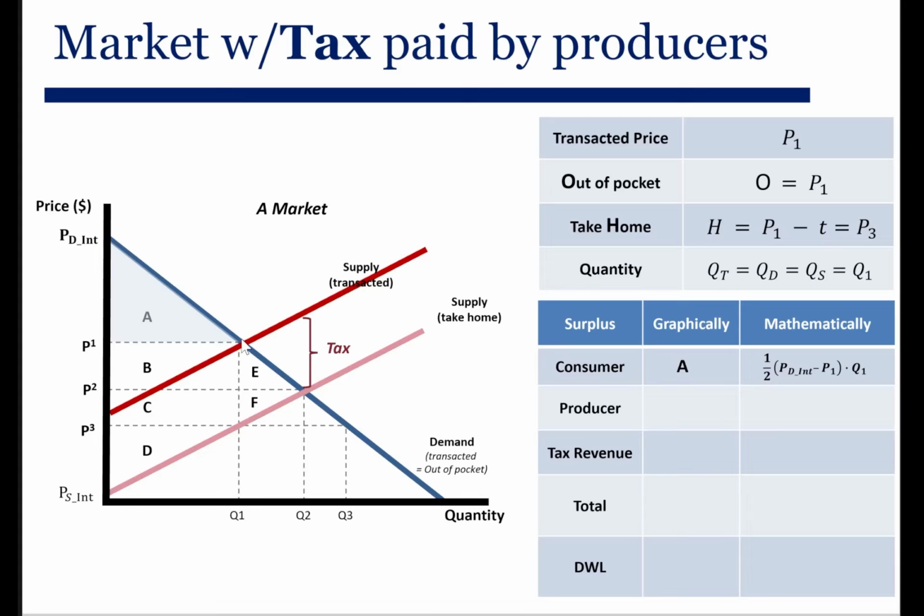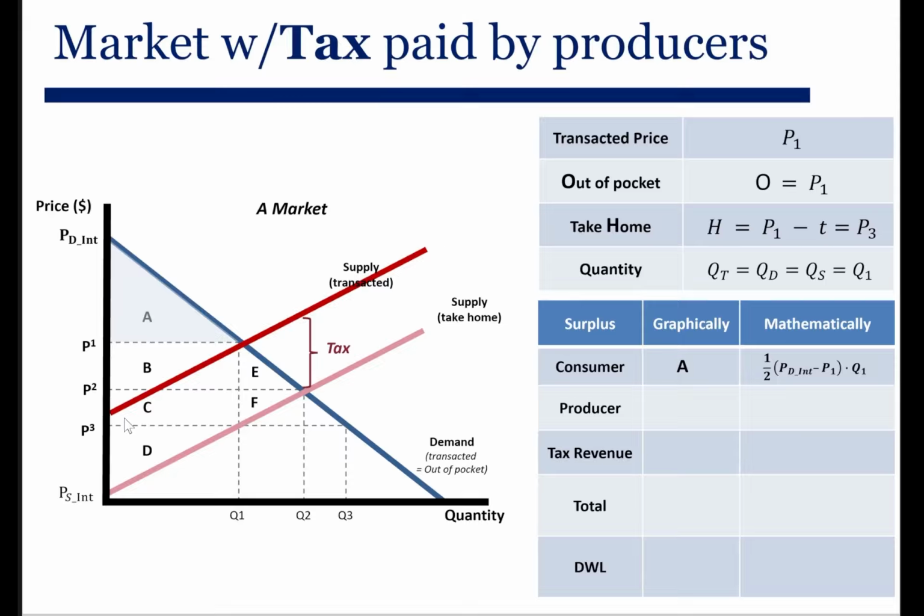For the producer, what do we look at? I think the clearest way to think this through is to stick to the take-home amounts. Look at our take-home supply curve and compare it to our take-home amount.